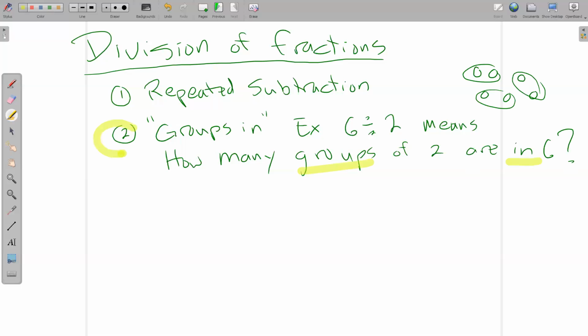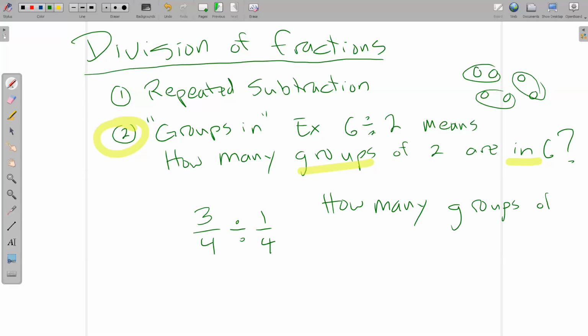And so this is what I'm going to try and illustrate with some pattern blocks. The problem I'm going to do is I'm going to try and show 3/4 divided by 1/4. And so the question that's being asked here is how many groups of 1/4 are in 3/4.